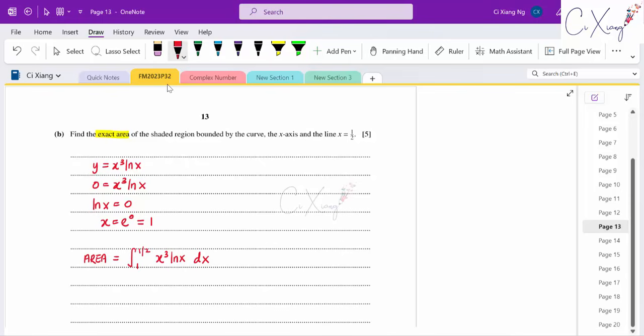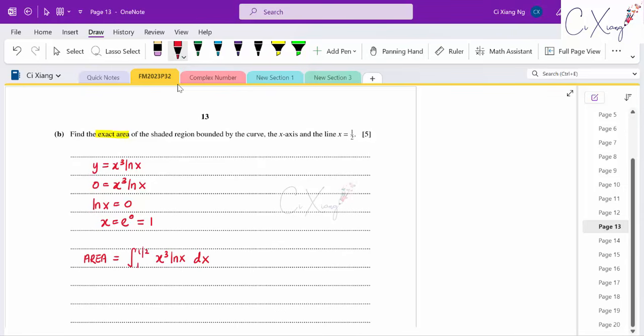So this is one option. Another option is you keep the limit from half to 1, but you put the modulus sign on your whole final answer. That means if your final answer is a negative value, you take the modulus sign and eventually you get a positive area. For me, I'm changing the limit, so I will put 1 to half.